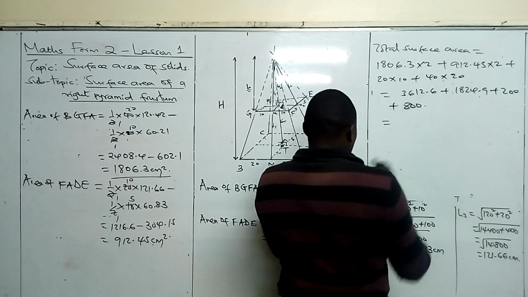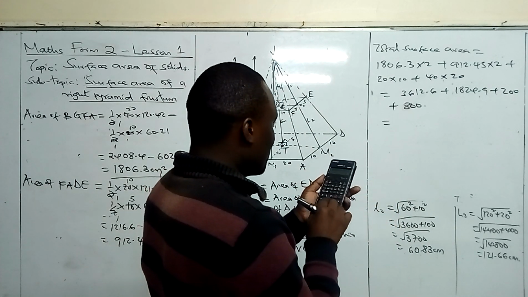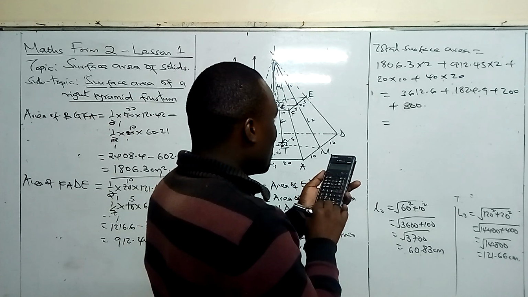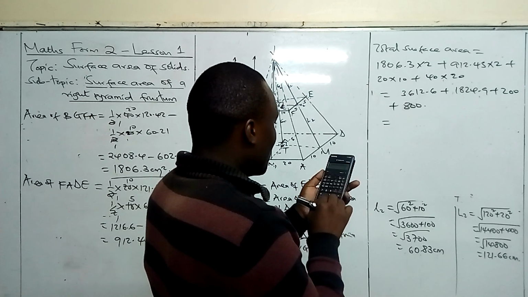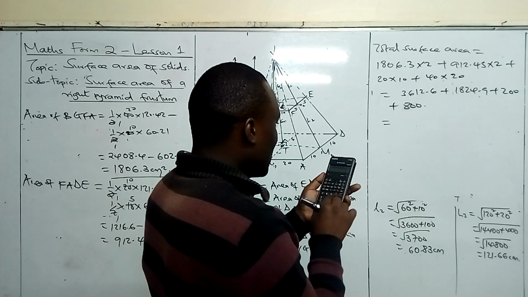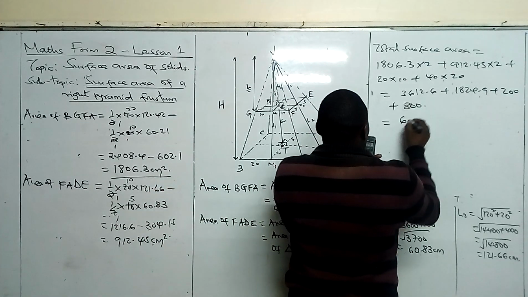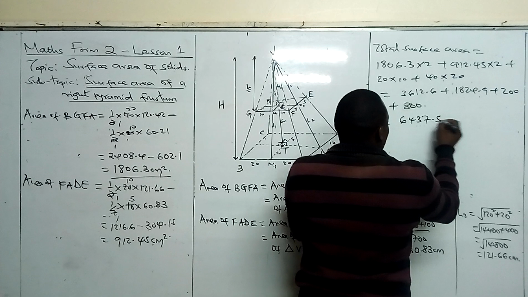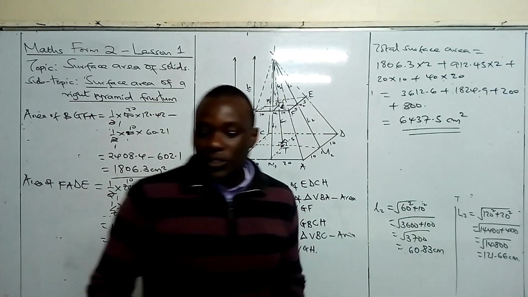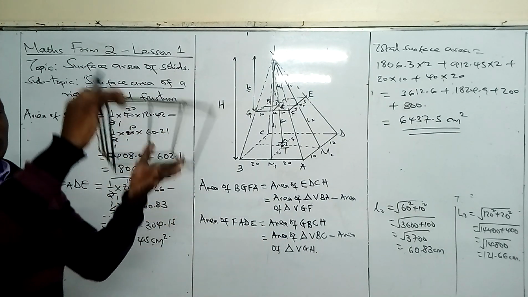So the total becomes 6,407.5 centimeters squared. So that's how we get the total surface area of the pyramid.